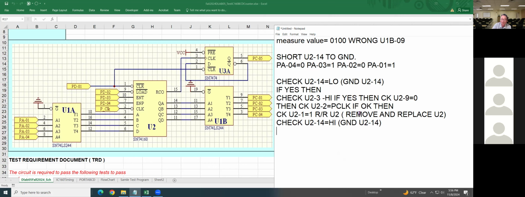And what you want to do? If you get a 14 here, it's supposed to be high. And you take here, you get high. But pin 9 gets 0. What can you do?